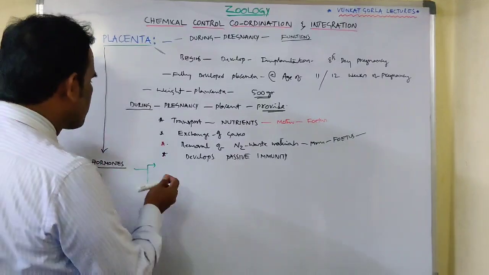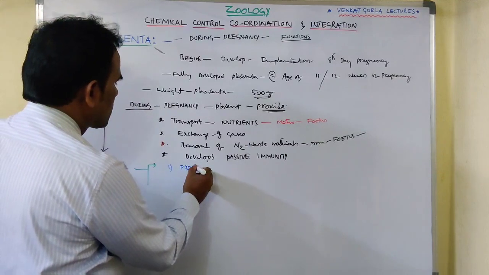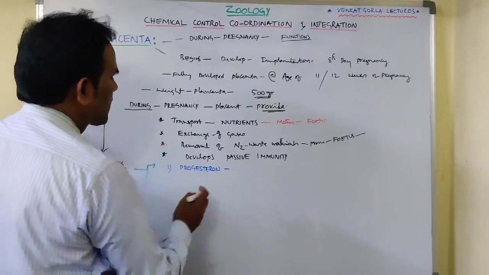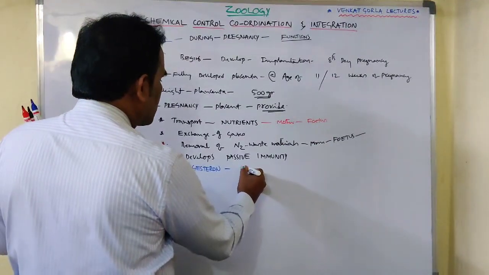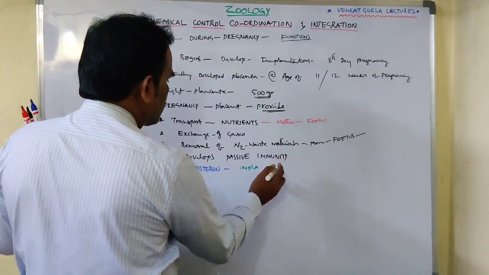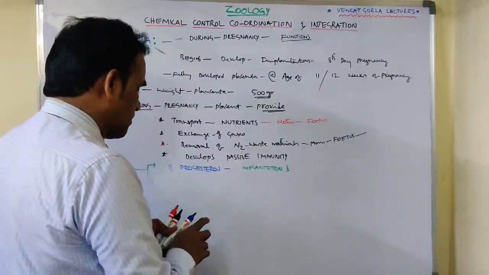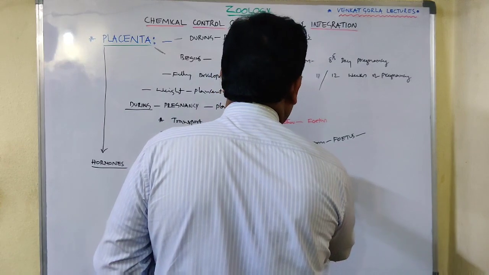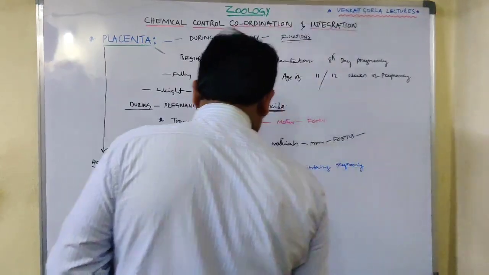Number one is progesterone. Progesterone is mainly concerned with implantation, and it helps in maintaining the pregnancy period.